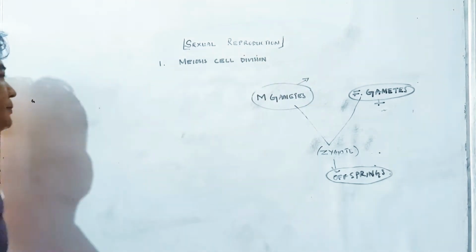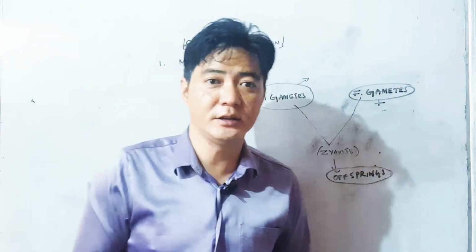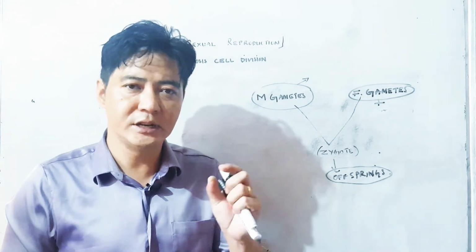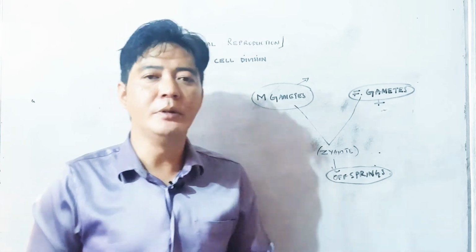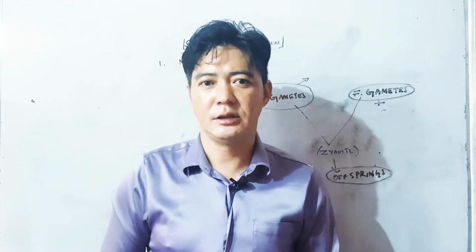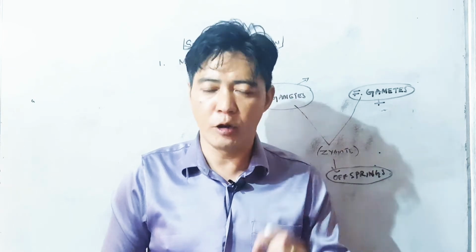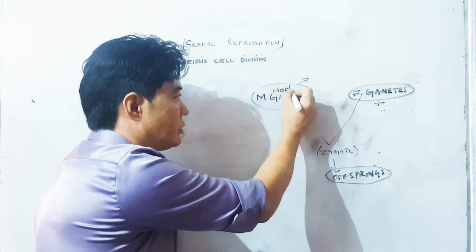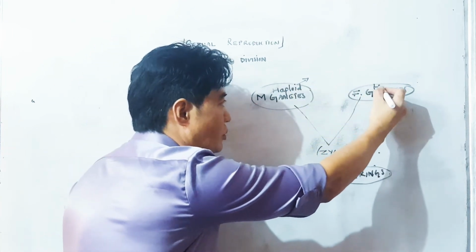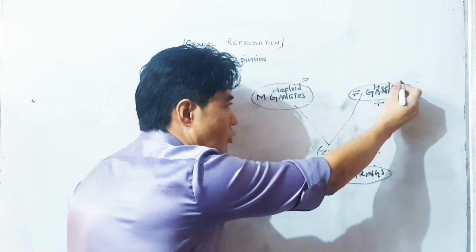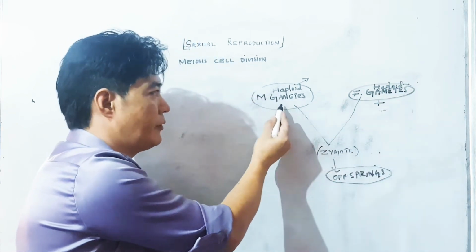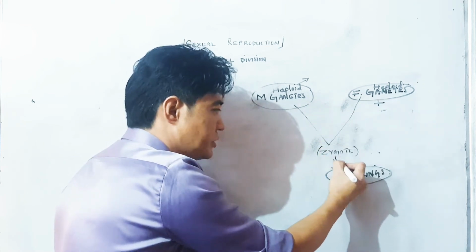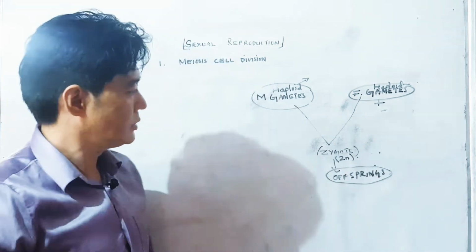Meiosis cell division occurs to form the gametes. Once meiosis occurs, the number of chromosomes in the daughter cell is half, or haploid, means haploid gametes are produced. Haploid means half number of chromosomes. This half number of chromosomes and another half number of chromosomes fuse together to form a zygote, which is diploid, that is 2n.